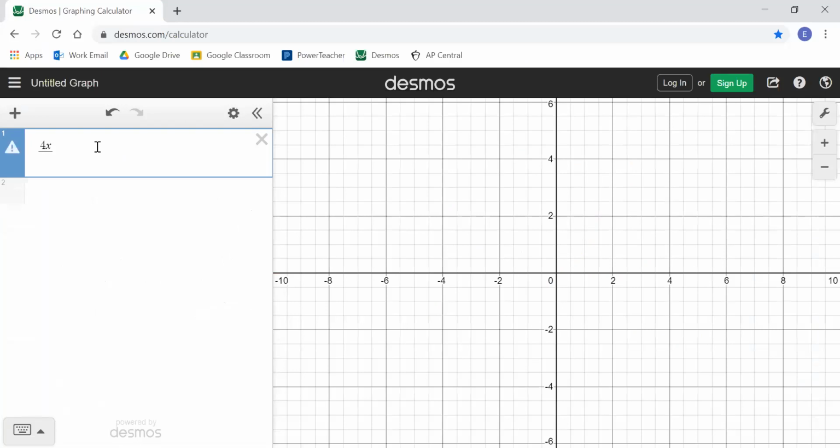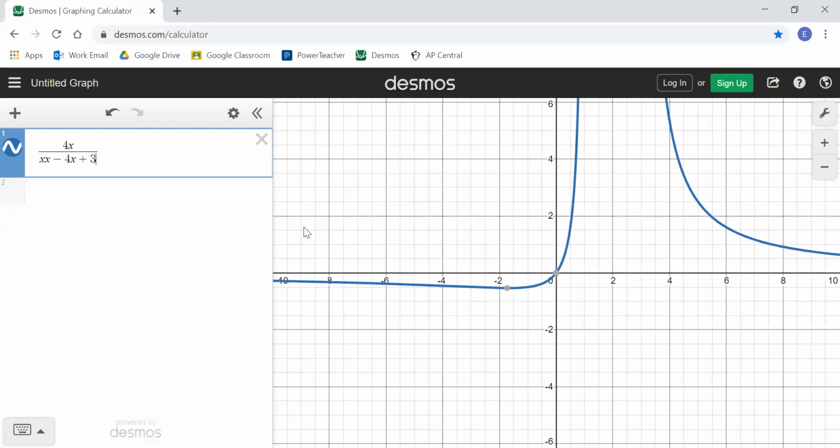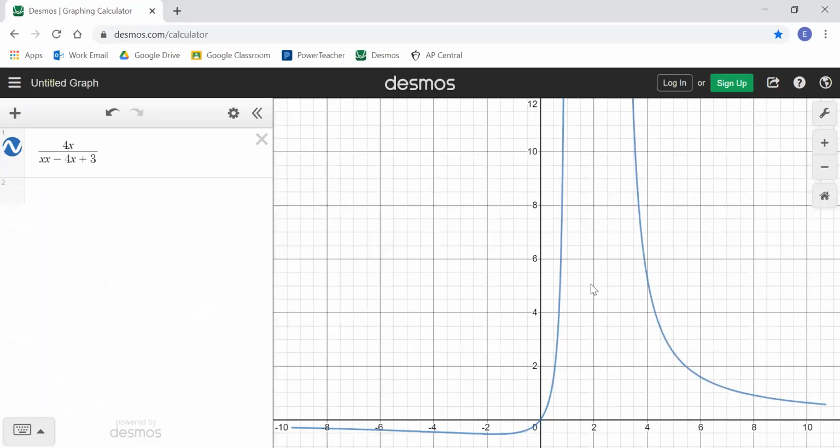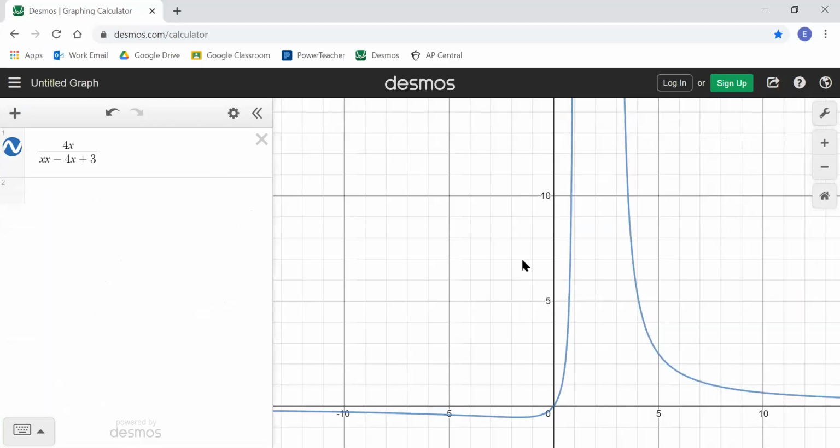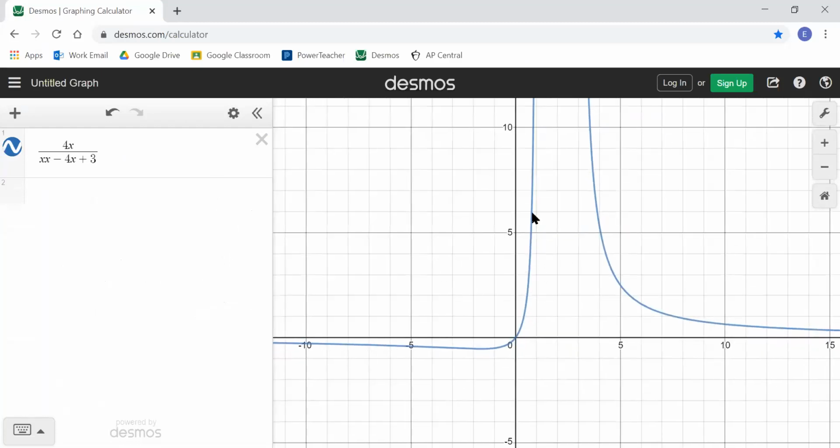So 4x, and what was it? x squared minus 4x plus 3. Is that right? Yeah. Cool. So as we were approaching 1 from the left, what did we say? We said it should have been infinity, hopefully, right? Yep.